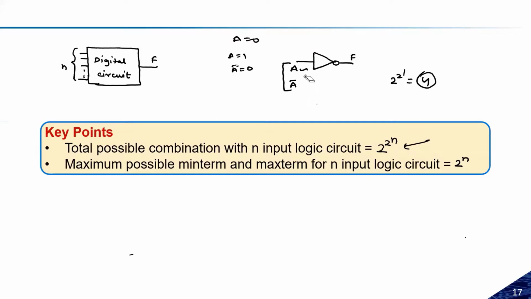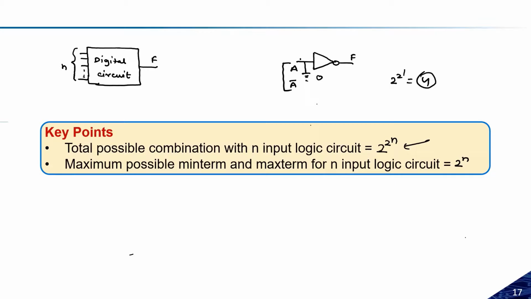So A and A bar are two possible combinations, and the other two are, if I connect this input to ground, or to 0, then this is one of the possible combinations. Here A and B are logical inputs that can be 0 or 1, but if I directly connect to the ground, that will also be considered an input.